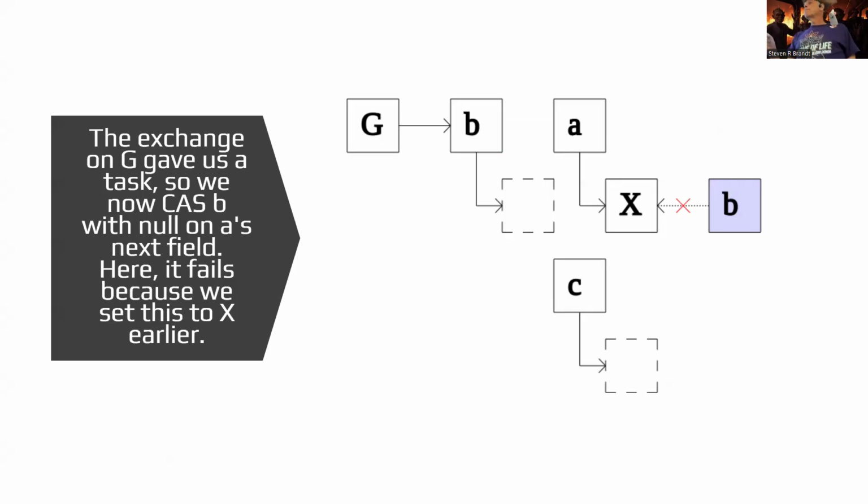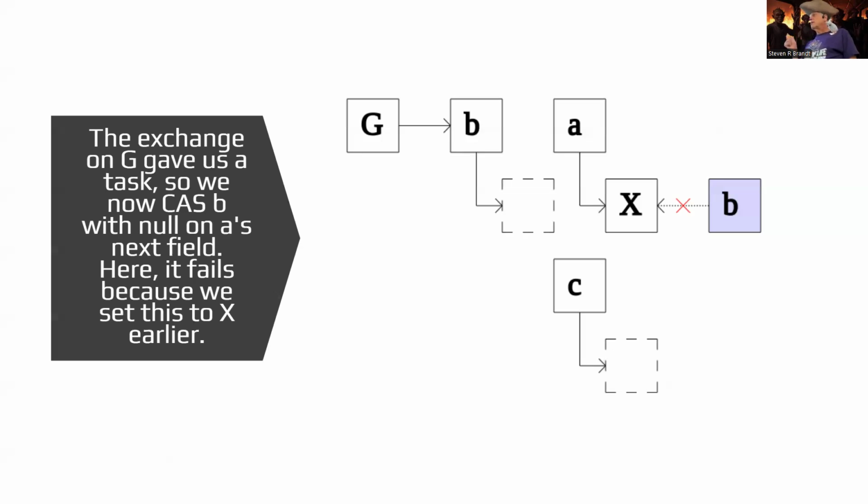Why does it try to do that? It always does that. Whenever it gets something back that isn't null, it tries to put itself into the next field of the task it got. When it got back A, that means A is the last task given to the guard.